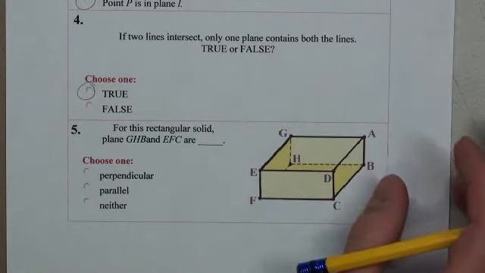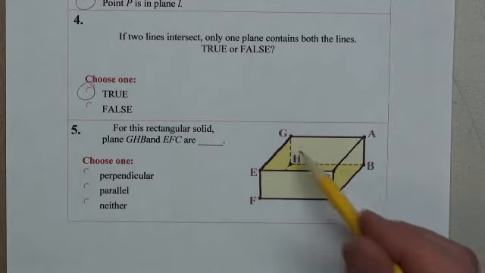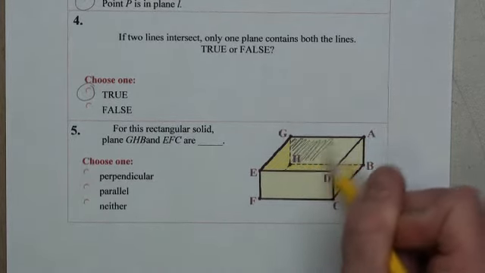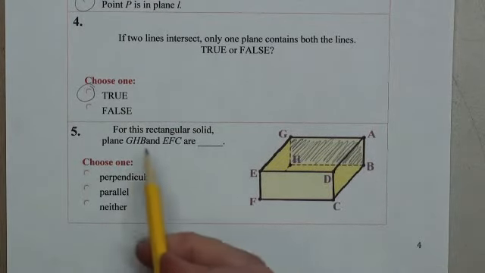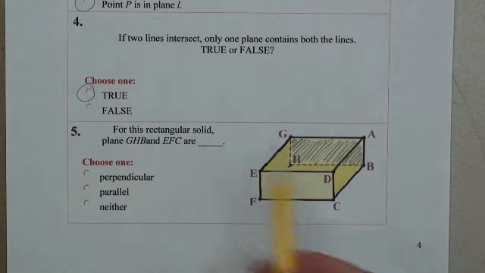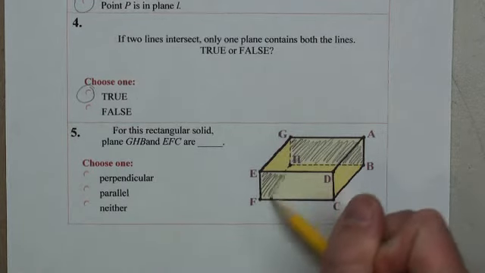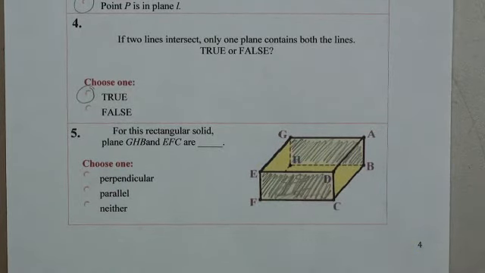For this rectangular solid, plane GHB, where's that? GHB, that's this one back here. And EFC, that's this one here. They want to know what those two planes are.